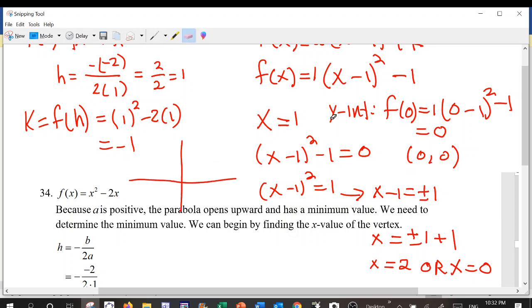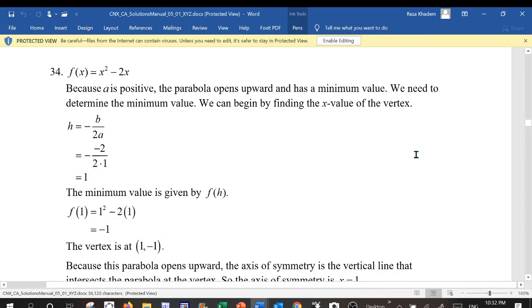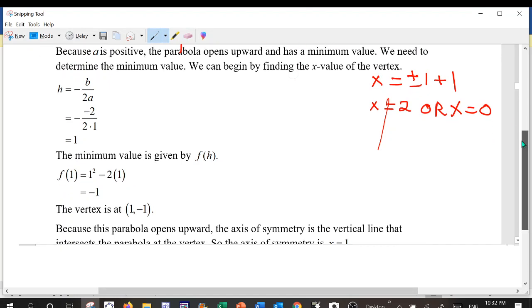So where is the vertex? The vertex was at, let's see, where did it go? Come back here. There we go.